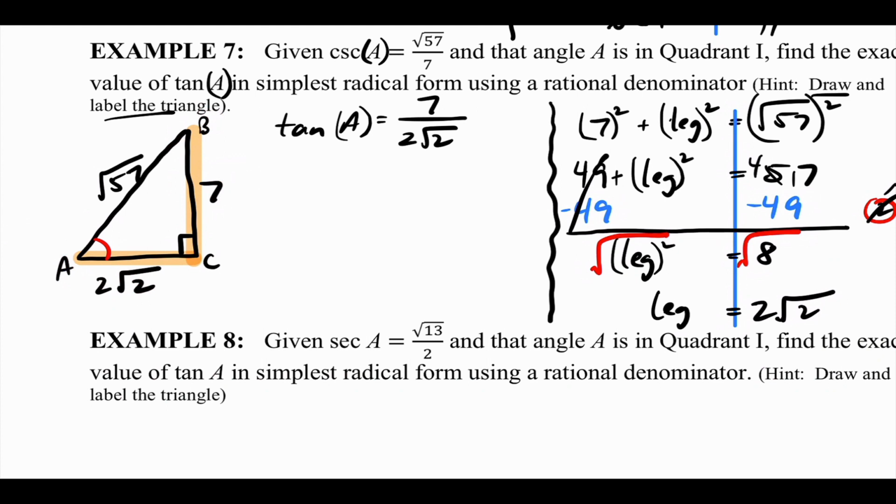Okay, almost done. Not quite done because now I have a root on the bottom. So one more step. What is causing me to do this? Which part of the fraction is causing me to not be done?